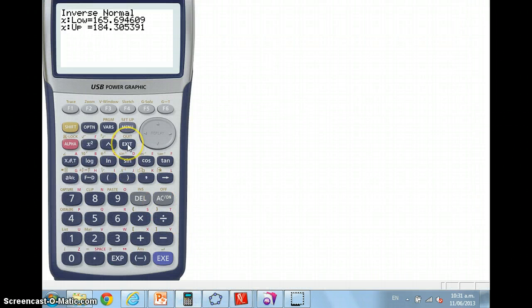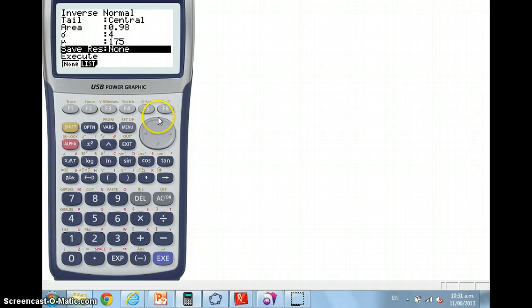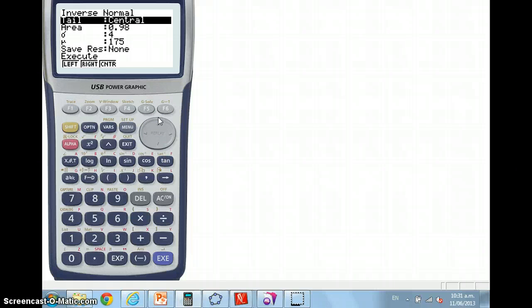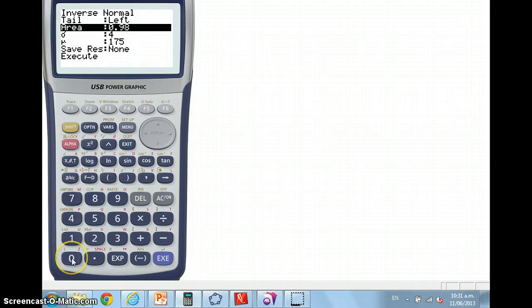Graphics calculator. Is it a left, central, or right problem? Left problem. Area is 0.02. And this is the same for the green calculators because it's stuck on left anyway. And the standard deviation? 10, the mean? 48.